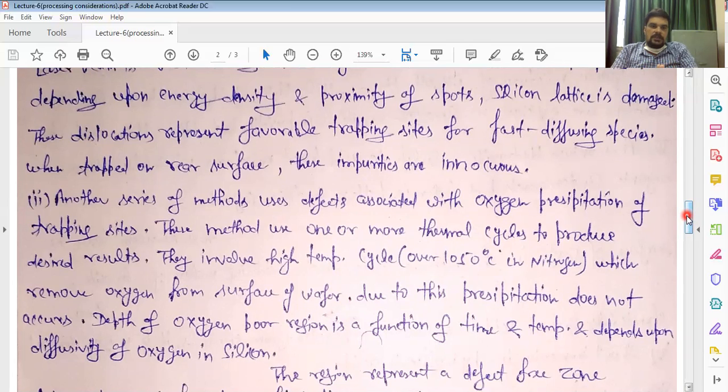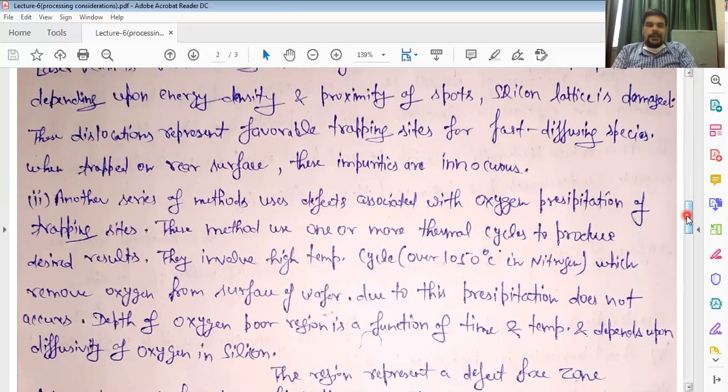These dislocations represent trapping sites for the fast diffusing impurity species. When these impurities are trapped on the rear surface in these dislocations, they are innocuous. So this is extrinsic gettering, where an external tool is used.